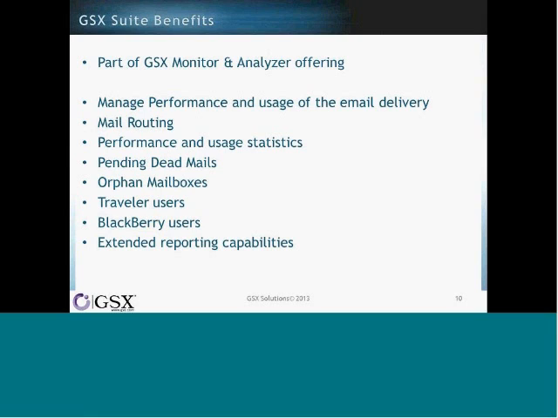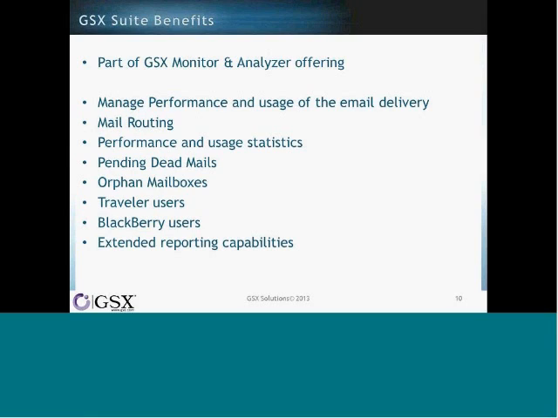If we focus on the email performance, you have different features, like, of course, the mail routing to check the performance, the statistics of usage and performance at the server and user level. And you have, of course, the management of the pending and dead mail.